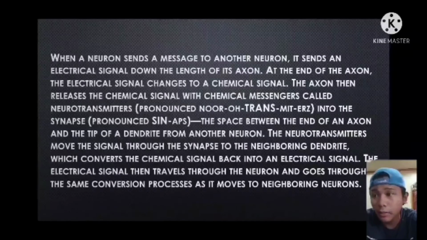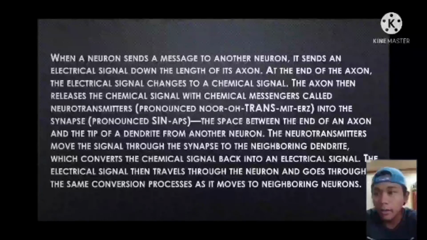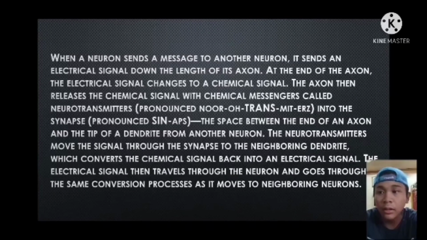At the end of the axon, the electrical signal changes to a chemical signal. The axon then releases the chemical signal with chemical messengers called neurotransmitters into the synapse, the space between the end of an axon and the tip of a dendrite from another neuron.